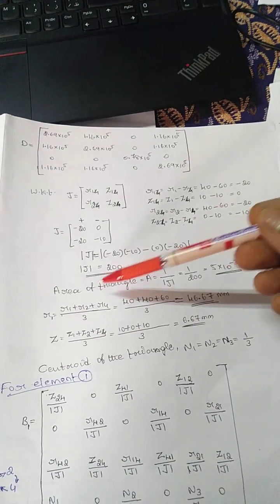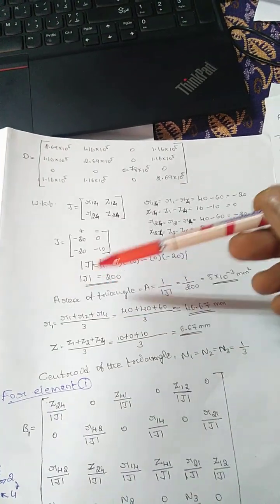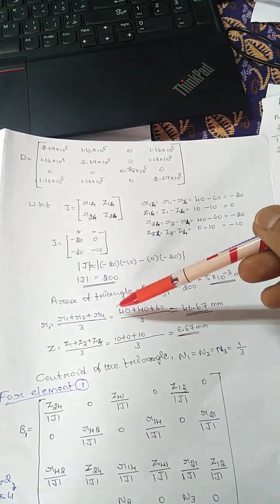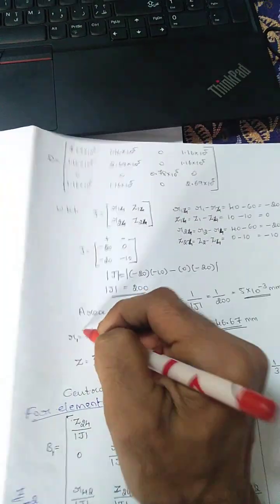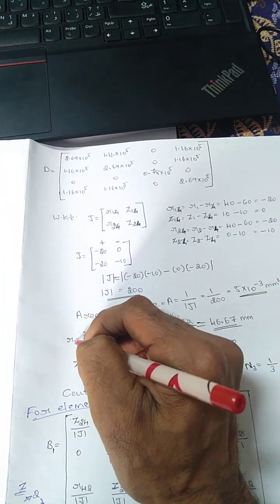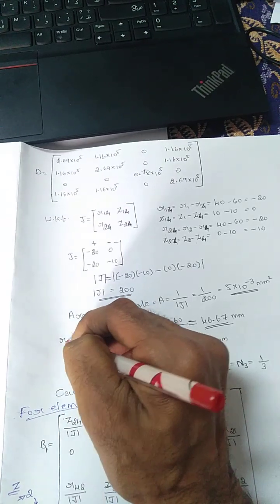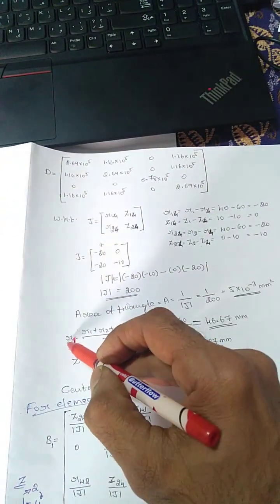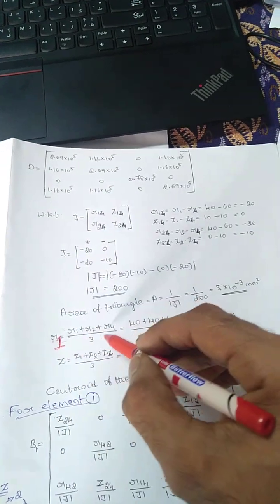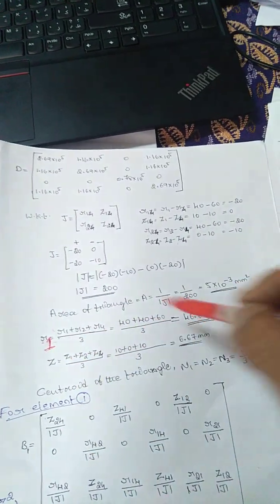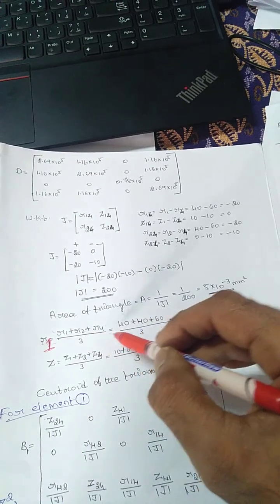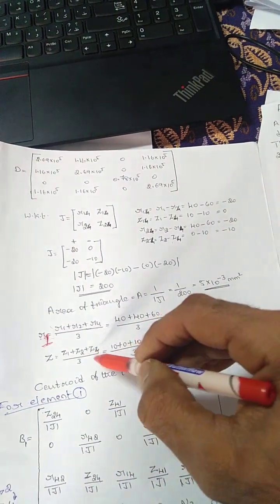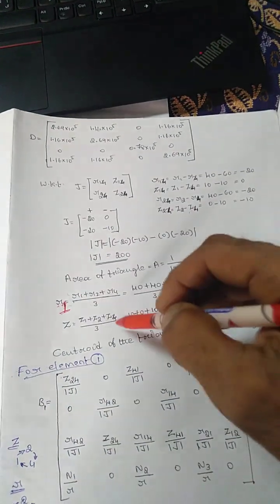The r-bar for element 1 is r1 plus r2 plus r4 divided by 3, that is 46.67 millimeter, and z-bar is the same way.